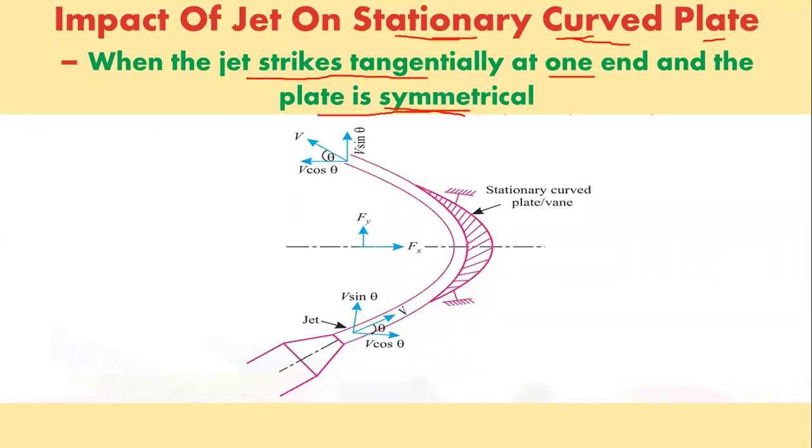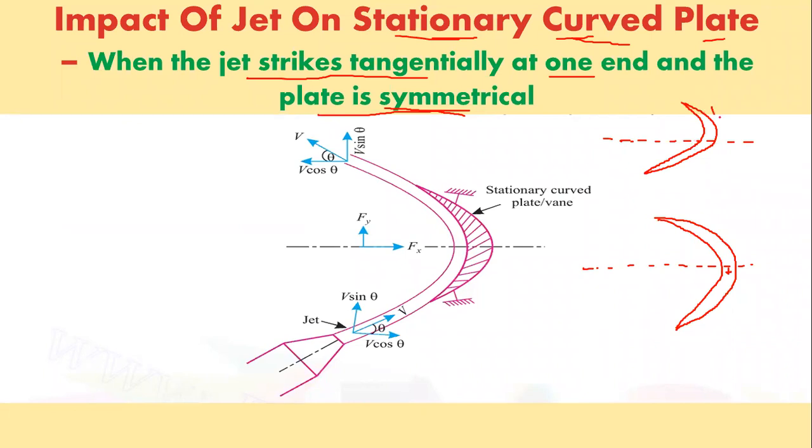Now what asymmetrical means, we will see in the third subtype, but you have to consider that if you consider a center line as shown here, the dimensions of the plate above this center line are equal to the dimensions of the plate below the center line. Now what is unsymmetrical? If the curved plate is like this, it is known as unsymmetrical, because the dimensions of the plate above the center line are not equal to the dimensions below it.